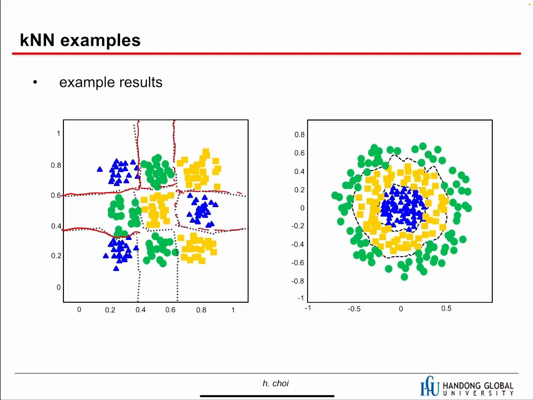When we apply KNN, we don't actually get boundaries. We can classify, but we cannot see the boundary. So if we want to draw boundaries, you have to put in some imaginary points. Then you have to classify.